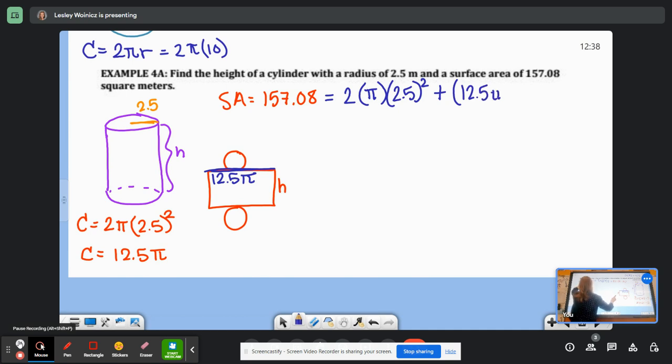We don't know the height. That's what we're trying to find. Do you see that the only thing we don't know in here is the h?